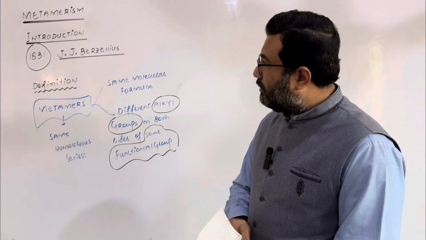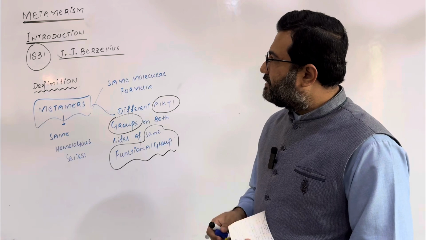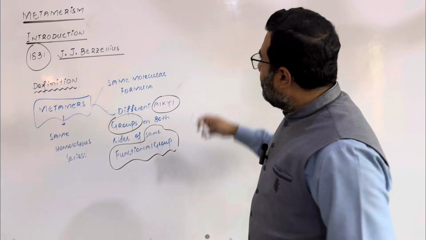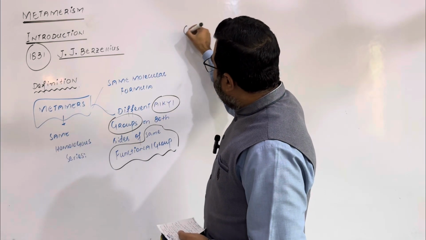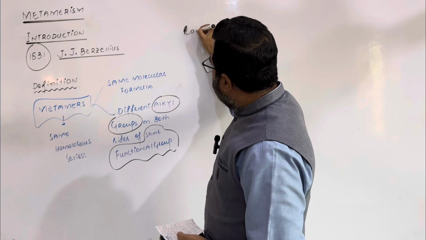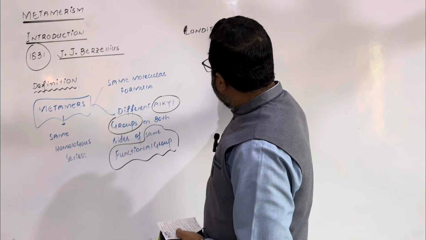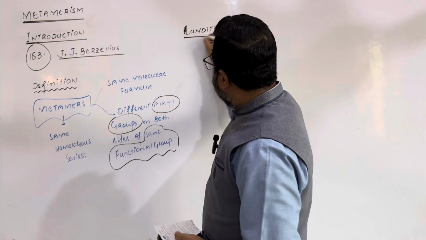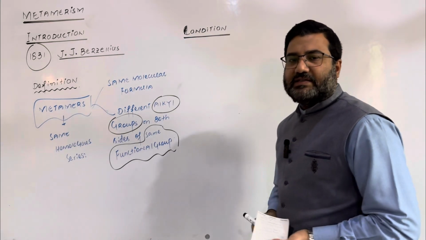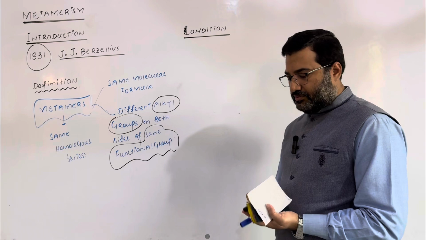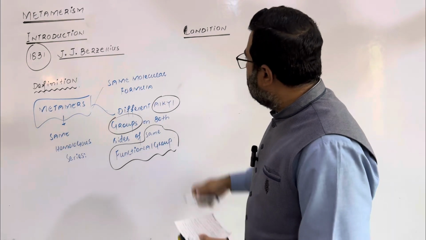Now next is, do all classes of organic compounds show metamerism? No, it's not like that. There are some conditions to show metamerism. All the classes of organic compounds do not show it. Now, what is the condition?